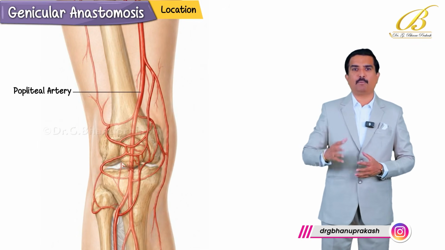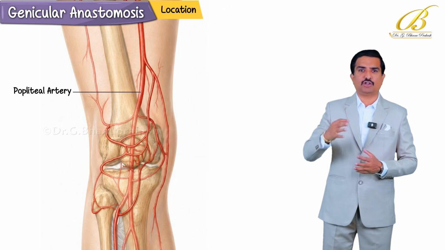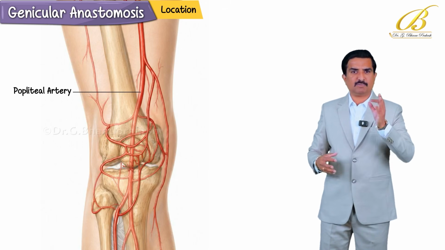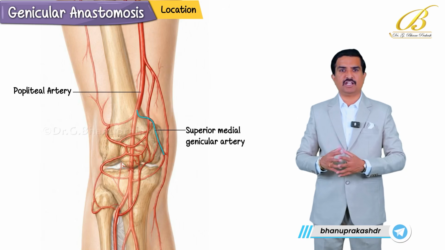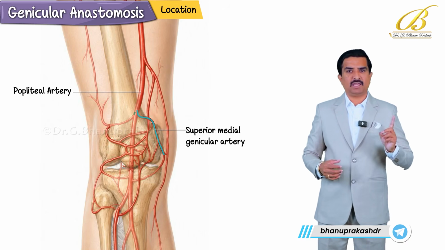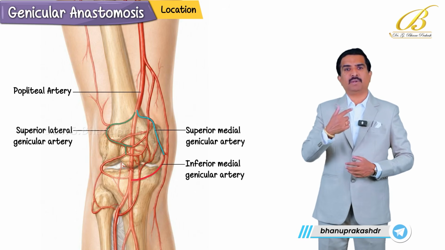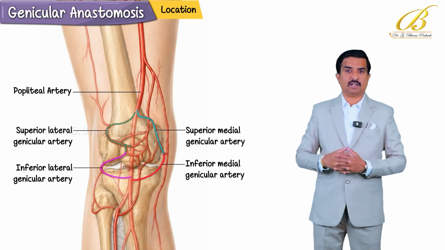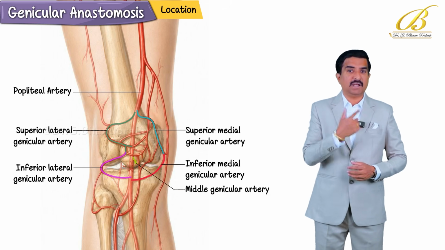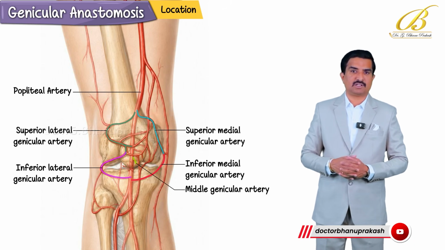First, from the popliteal artery, which is the main posterior contributor, the branches we receive are the superior medial genicular artery, superior lateral genicular artery, inferior medial genicular artery, inferior lateral genicular artery, and the middle genicular artery, which supplies internal knee structures but not the anastomosis.